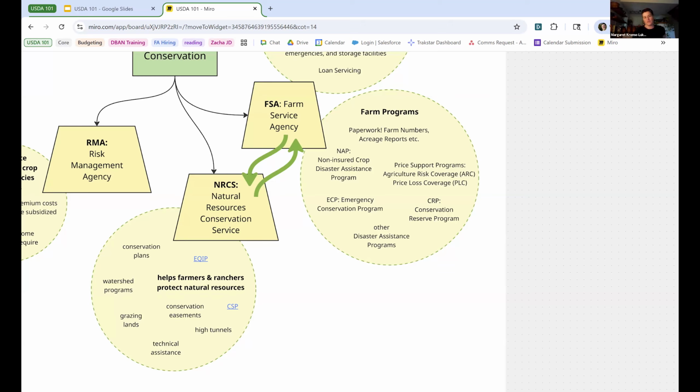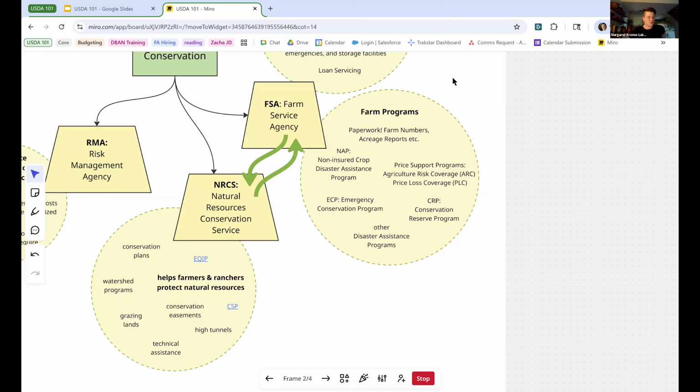Or, for example, Emergency Conservation Program and Conservation Reserve Program are programs that are administered by FSA, but anytime that you are going to do something that is going to disturb soil, you'll need engineering approvals from NRCS. So knowing who is in charge of what step is also important in terms of helping set a farmer's expectations.